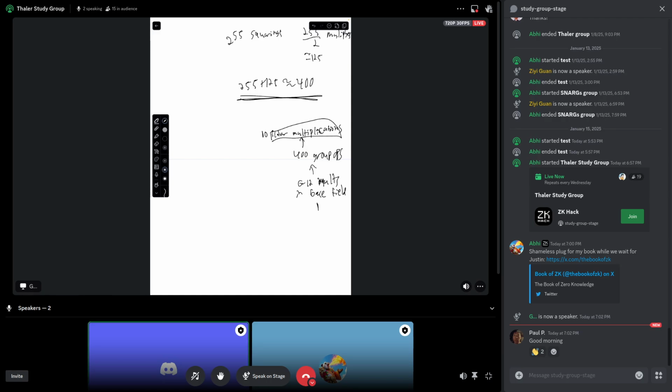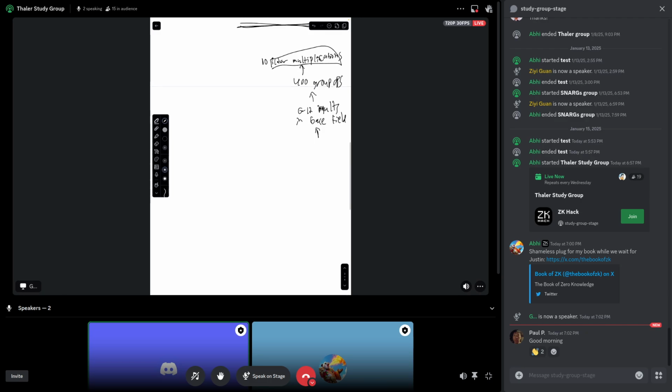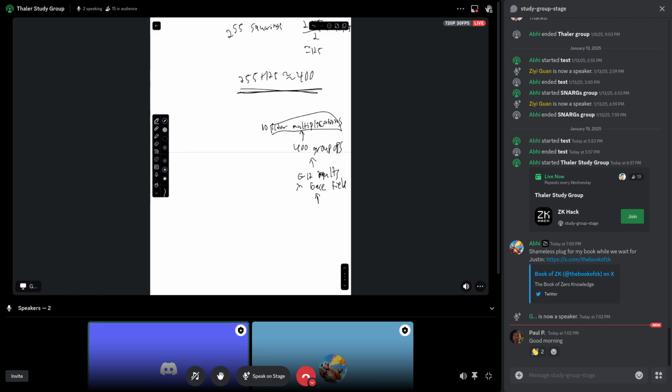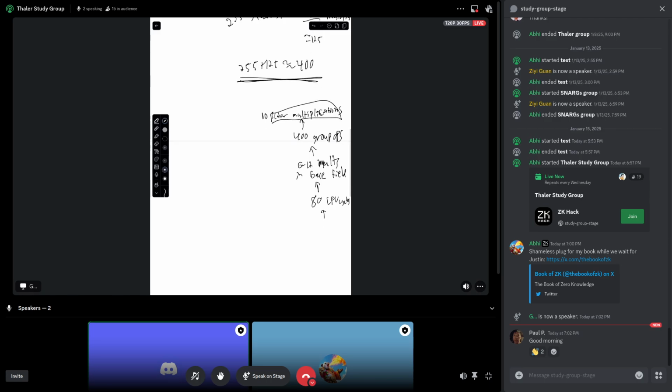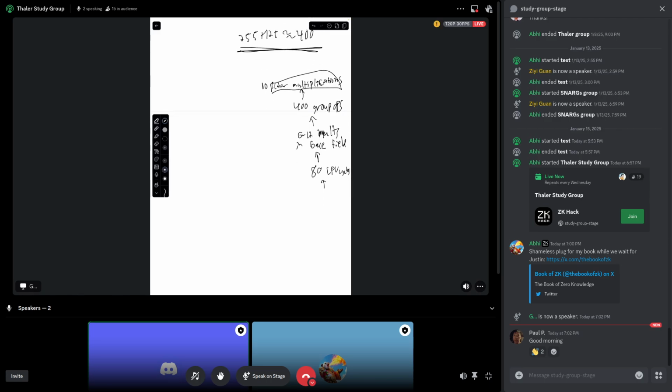And then if you want to go down to CPU cycles, this is typically something like 40 to, call it, 80 CPU cycles. You multiply all of this out, it's roughly, I said 40,000 field ops. So 40,000 times 80 is, like, 320,000 CPU cycles.